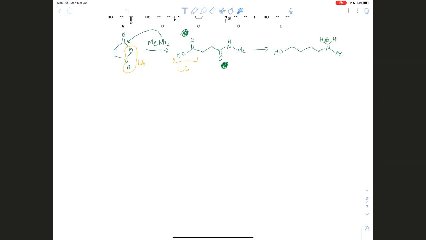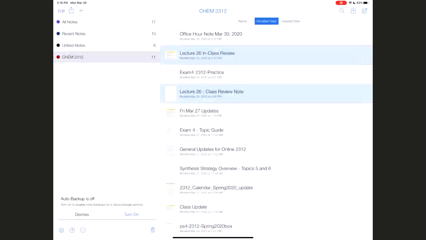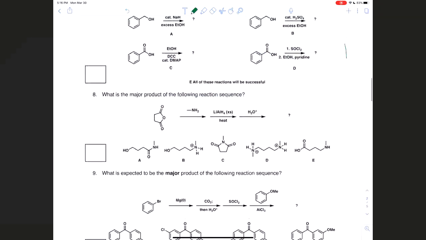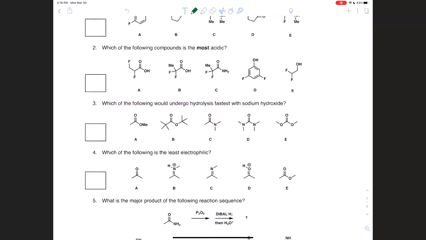Number 3, compare A and E. All right, let's take these one at a time. I hope the answers for 12A were clear enough. Going up to number 3. Okay, let's take a look at it.